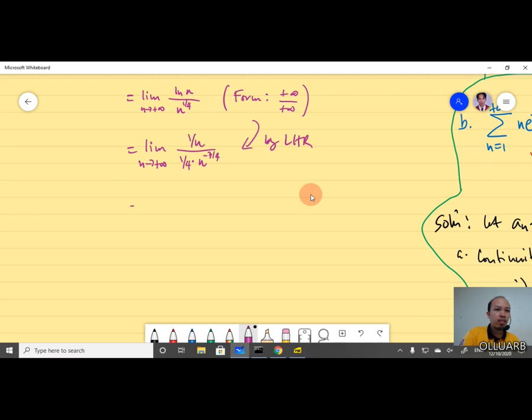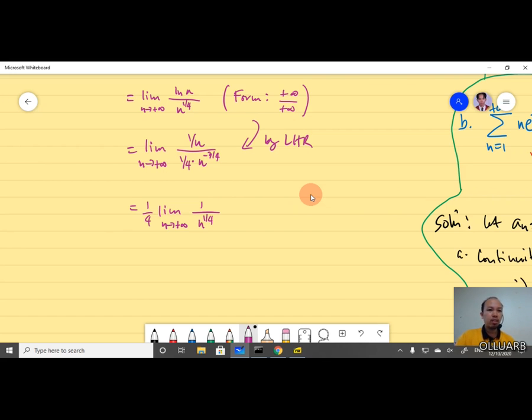As you can see here, you can simplify it more. This is 4 times the limit of 1 over n to the 1/4 as n approaches positive infinity, since negative 1 plus 3/4 is negative 1/4.